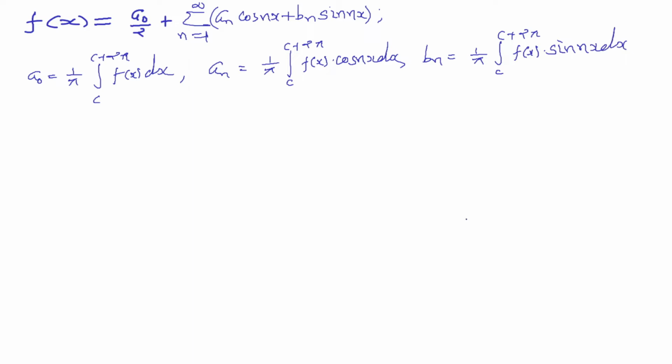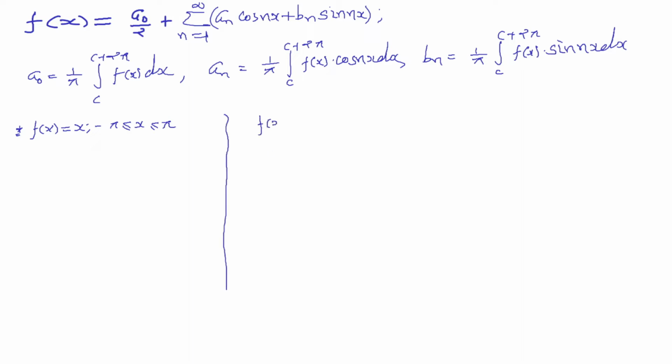Now, a few examples we have already seen, right? So let me start with those examples. For example, f of x equal to x from minus pi to pi, and we are considering all these as 2 pi periodic functions, right?